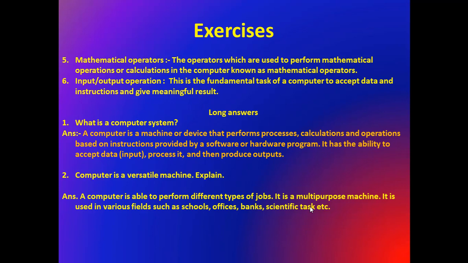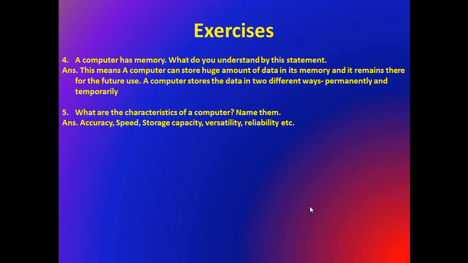It has the ability to accept data, process it and then produce outputs. A computer is a versatile machine. Explain. A computer is able to perform different types of jobs. It is a multi-purpose machine that is used in various fields such as schools, offices, banks, scientific tasks, etc.